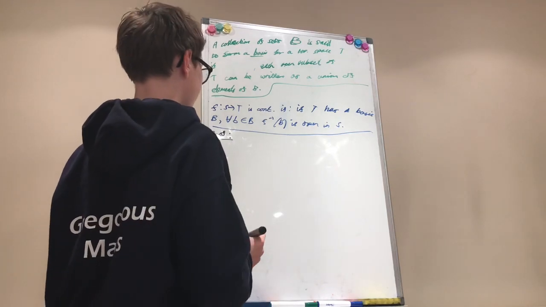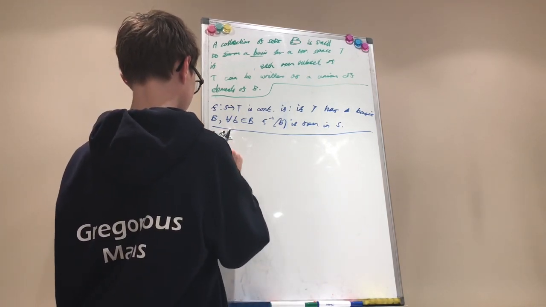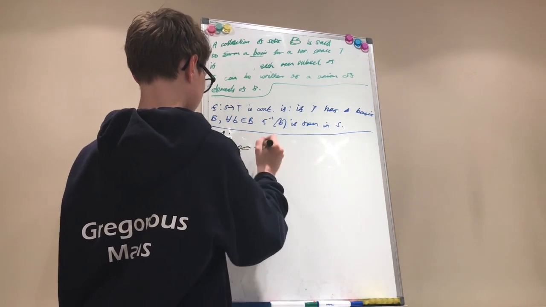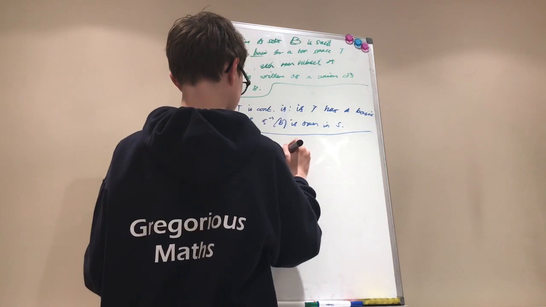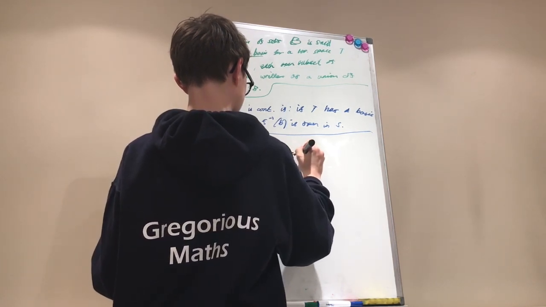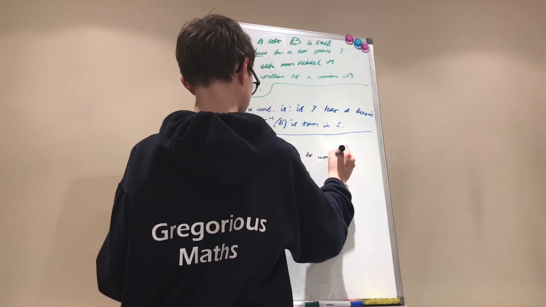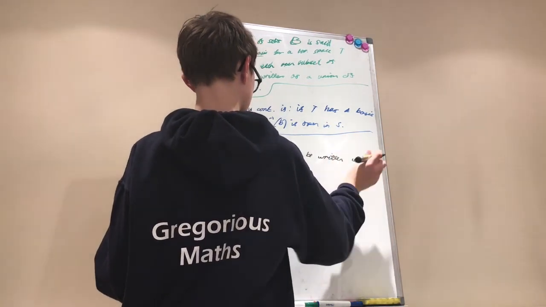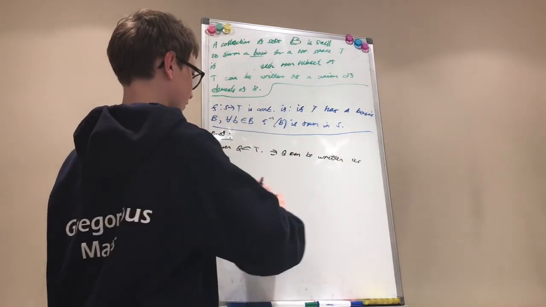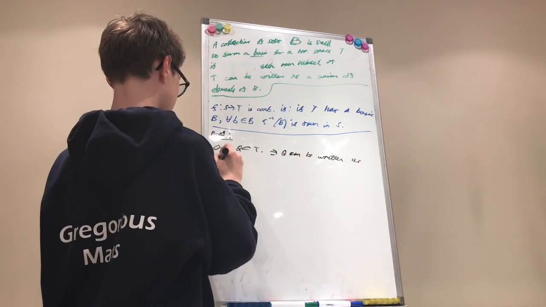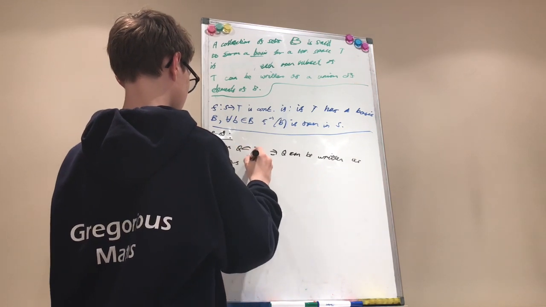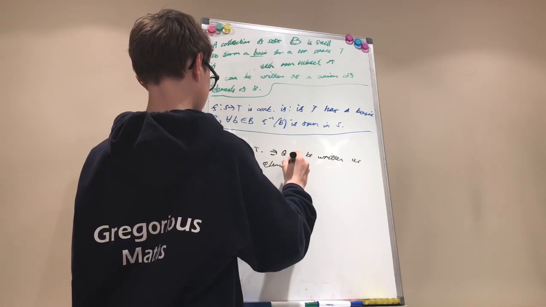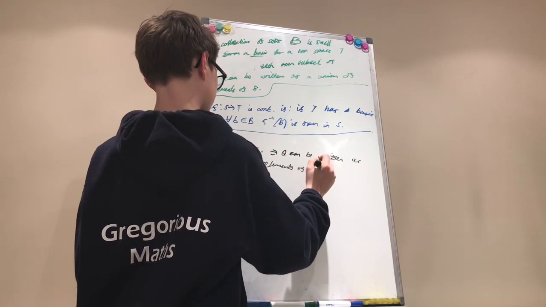The proof is, say we have some open Q, a subset of T. This means that Q can be written as a union of elements of the basis.